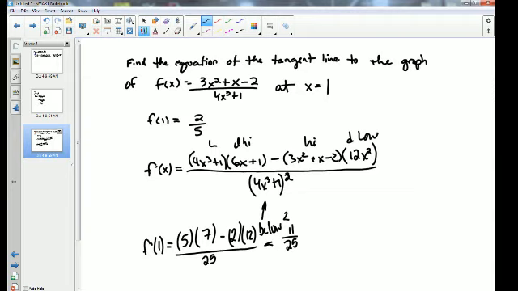Yeah, 11/25 is the slope. What does this represent, Damon? Slope. Yep. And then your point is 1, 1 2/5. So, the equation.